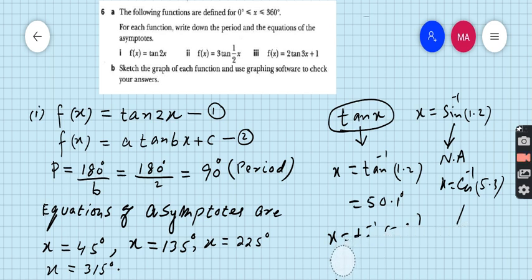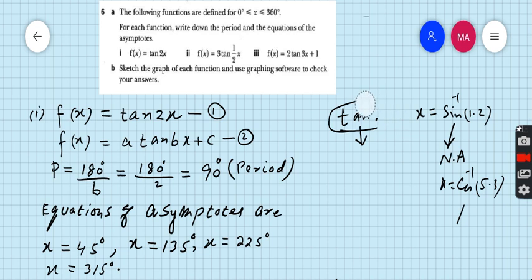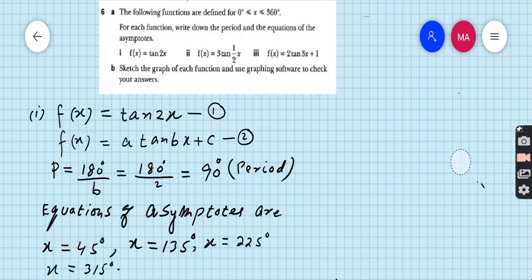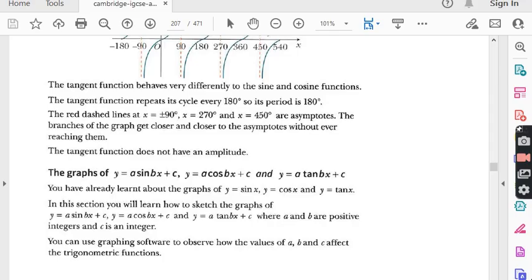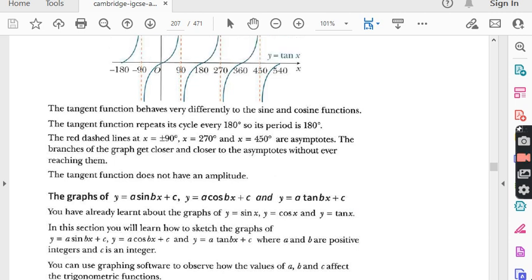So there are many differences. Therefore, the tangent function has no amplitude, unlike sine and cosine. Again, see, I am reading the last line.